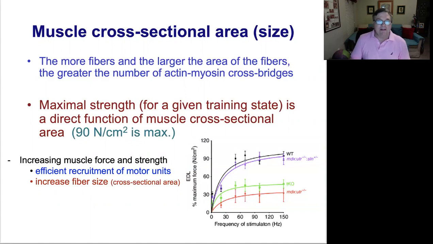We finished up with excitation-contraction coupling last time. And in this section of today's lecture, we're going to talk about, first of all, muscle size and cross-sectional area, muscle length, and then we may get into something called rate coding, how we control the amount of force, not too much, not too little, get it just right.